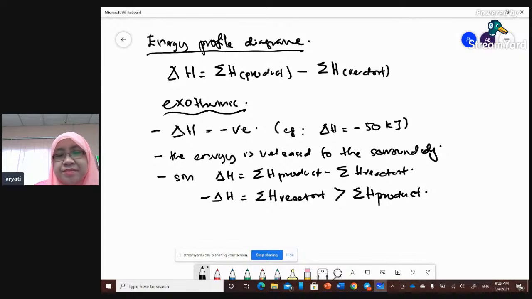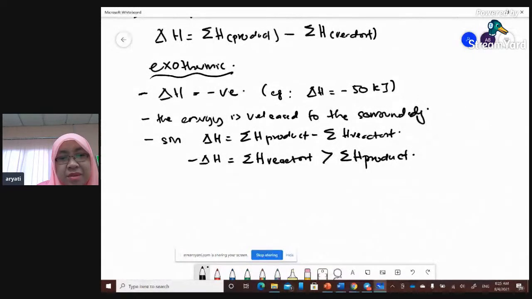Okay, am I correct? Nilai ini akan bernilai negatif kalau tenaga yang kat belakang ni lagi besar. So satu nilai tolak nilai yang besar, so nilai kat sini dapat negatif. So enthalpy of reactant will be larger than enthalpy of product.